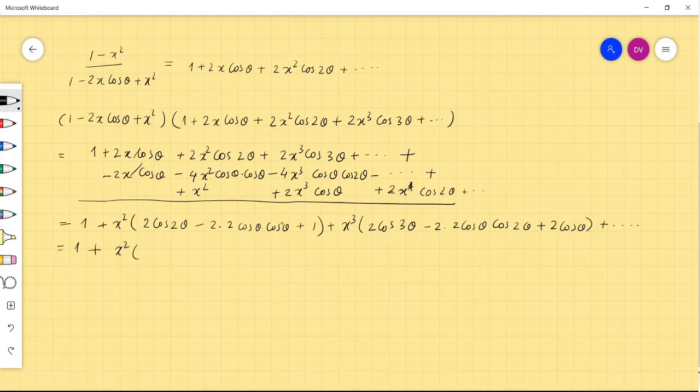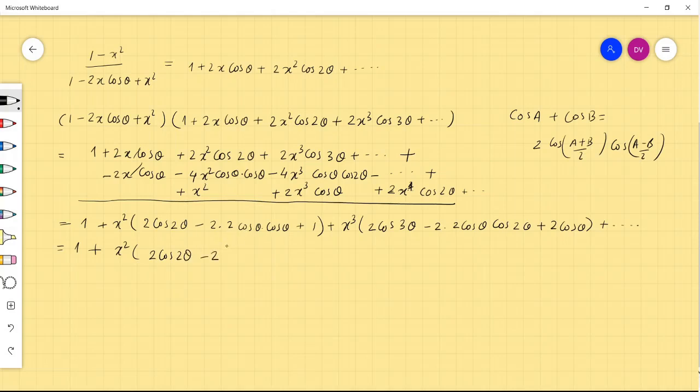So when you use the identity cos A + cos B = 2 cos((A+B)/2) cos((A−B)/2), you can write this as 2 cos 2θ, that is this term itself, minus 2 times.